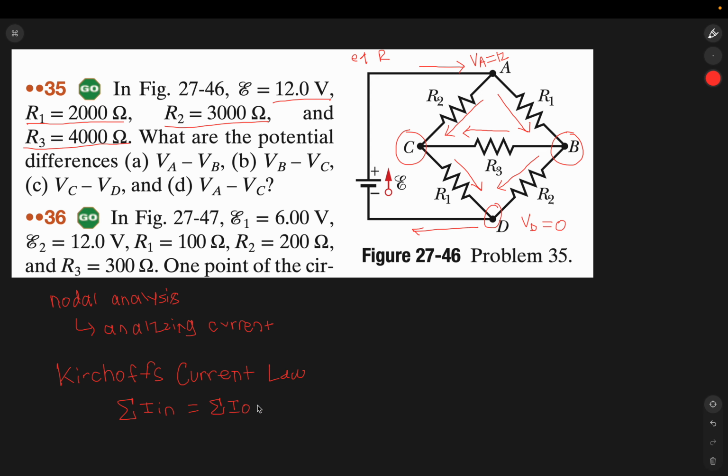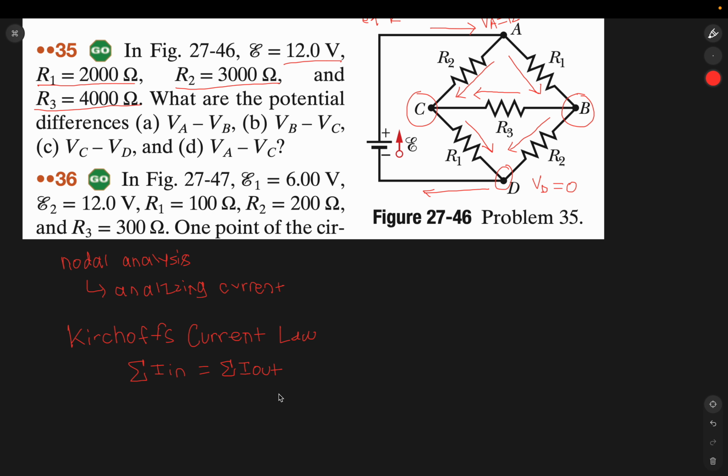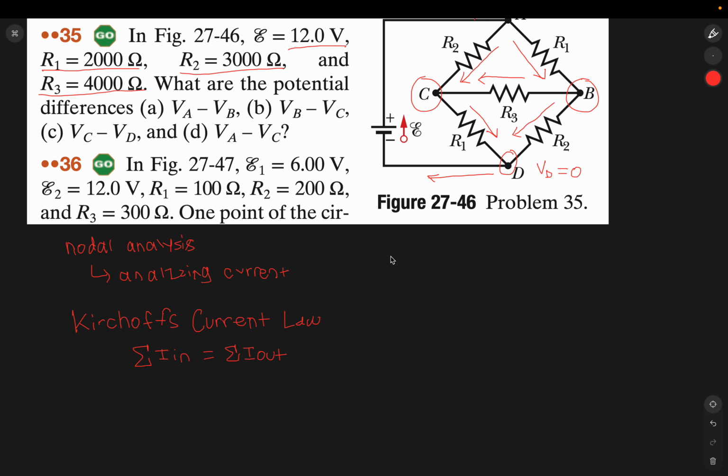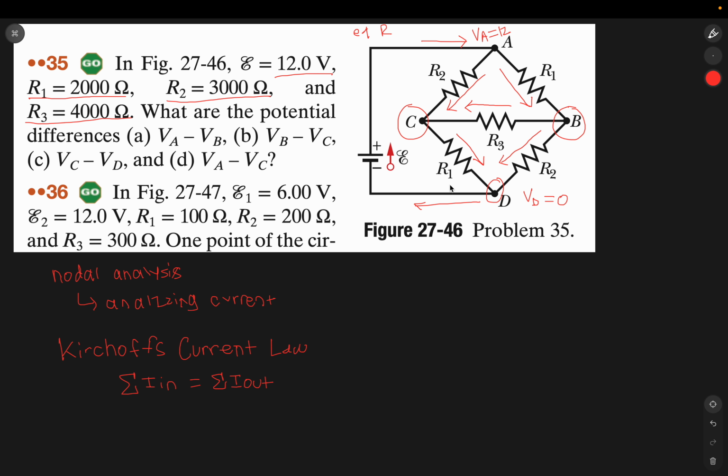So let's perform this analysis on junction point C. In junction point C, our current is going to be coming from R2.